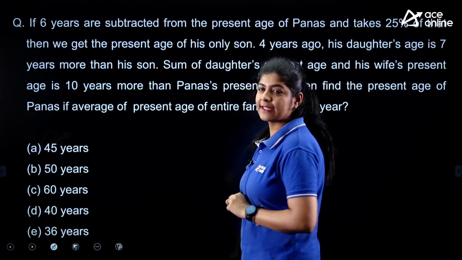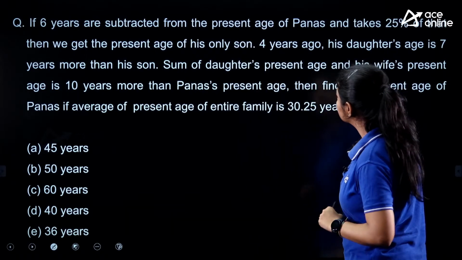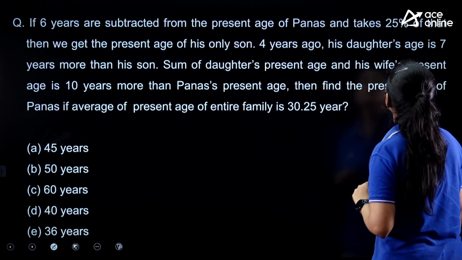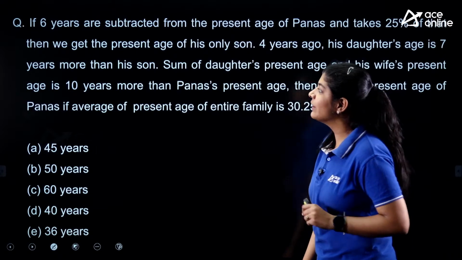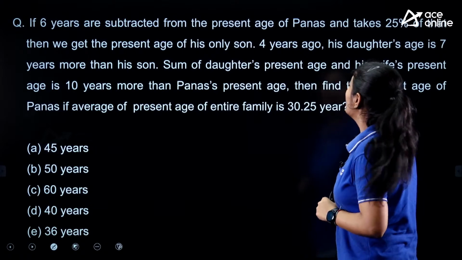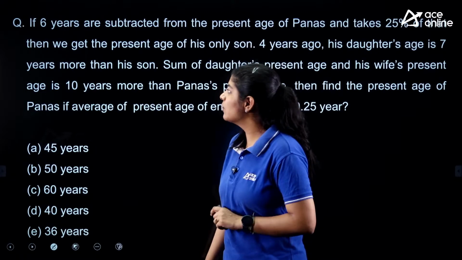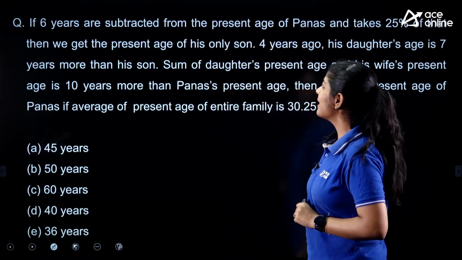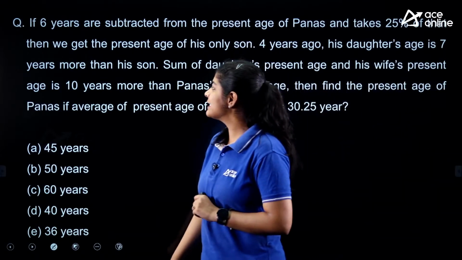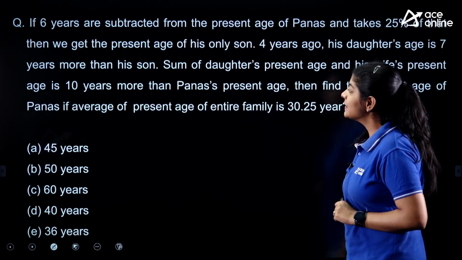The question is saying that if 6 years are subtracted from the present age of Panas and we take 25% of that, we get the present age of his only son. 4 years ago, his daughter's age was 7 years more than his son's. The sum of the daughter's present age and his wife's present age is 10 years more than Panas' present age.